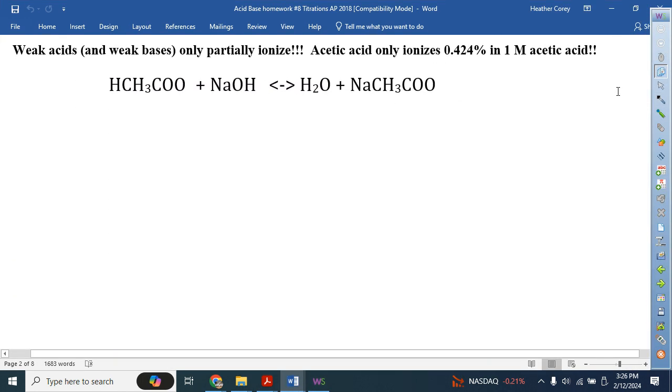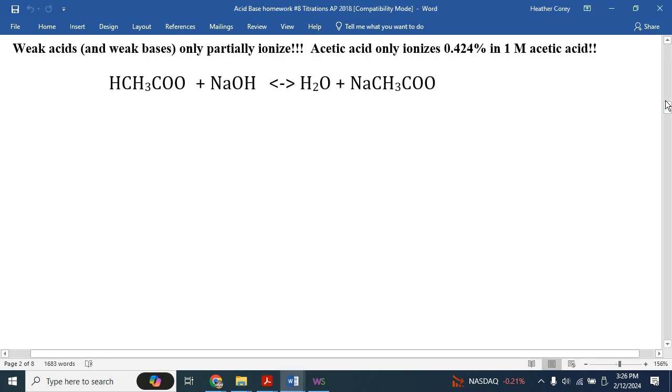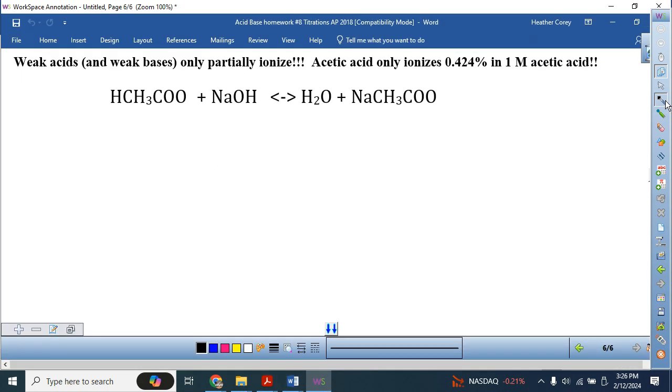All right, if we have the same reaction and only half of the weak acid has been titrated, so if I have 1 mole of this, if half of it has been titrated, I have a half mole of acetic acid left over, unreacted.